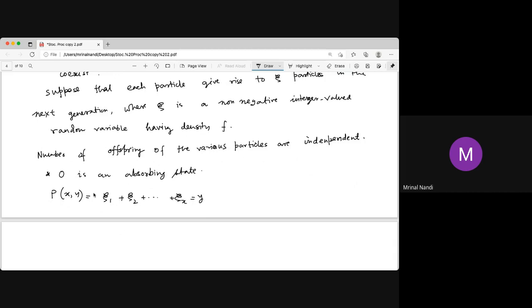We have to find the probability of this. So remember, this is an interesting and somewhat complicated situation where xi1, xi2, up to xi_x are random variables and x is also a random variable. That's the important part. So the index is also random.